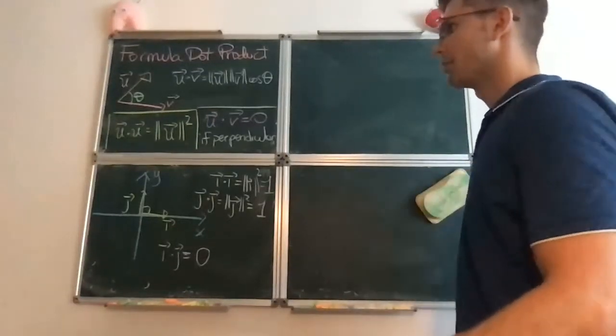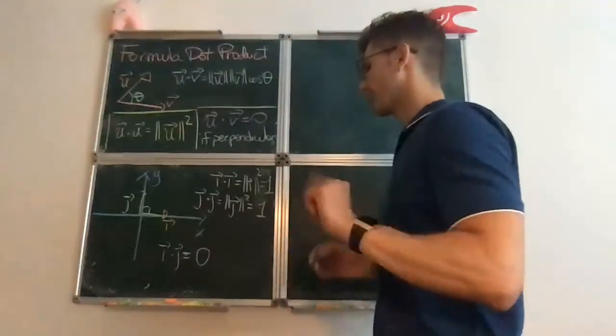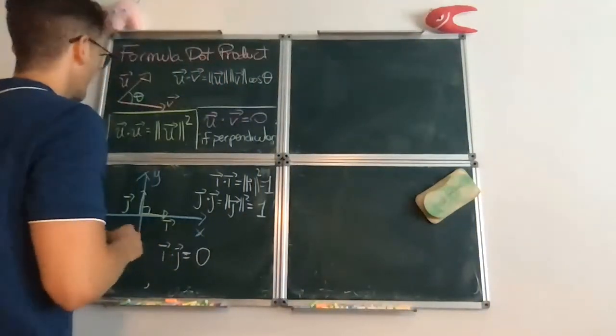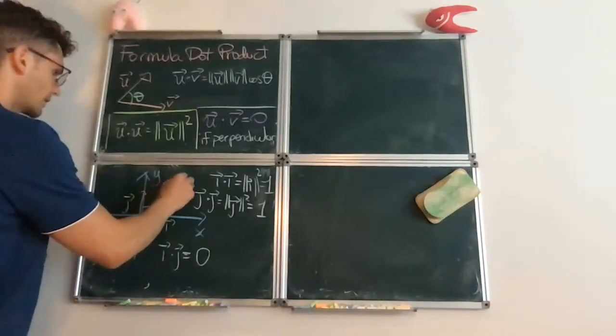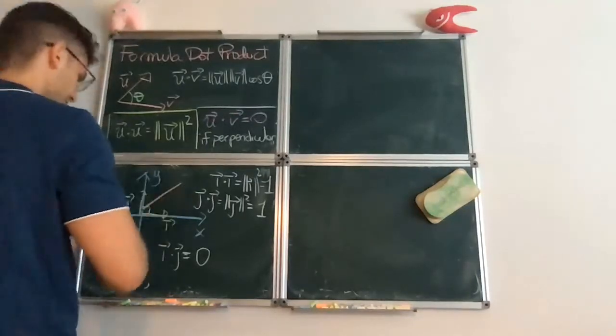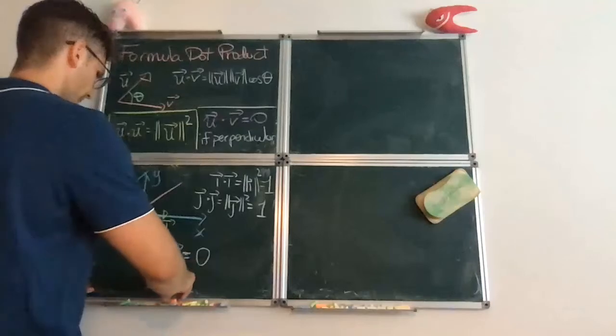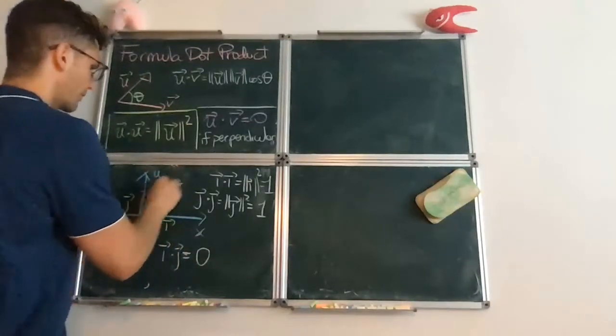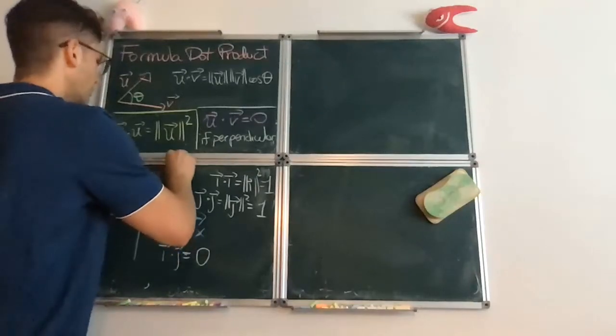Now, let me derive the formula for the dot product. So suppose you have a vector u, which is here. Remember that you can put u and v wherever you want, so you can move them to the origin.